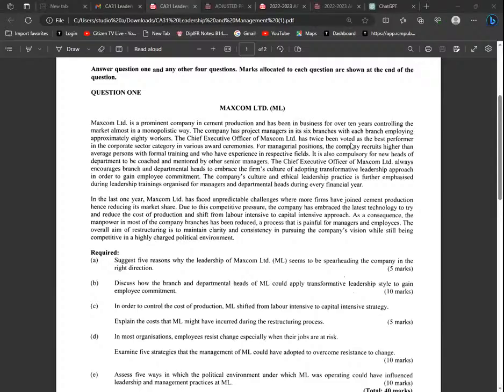It is also compulsory for new heads of departments to be coached. So they have a coaching program. You can never go wrong, ladies and gentlemen, if you have a formal coaching or mentorship program in the company. This automatically will ensure that your company is spearheaded in the right direction.